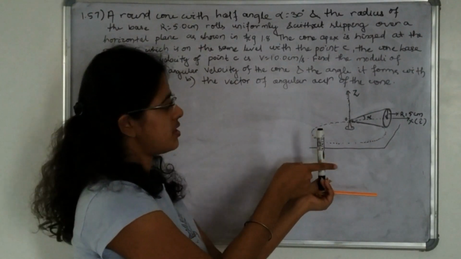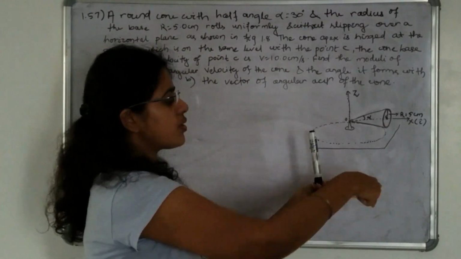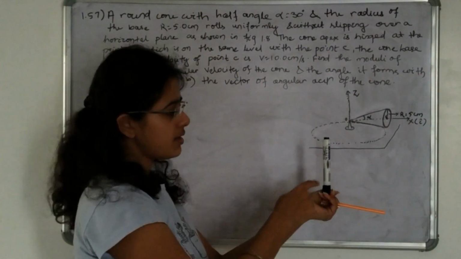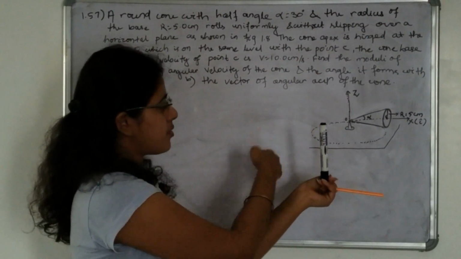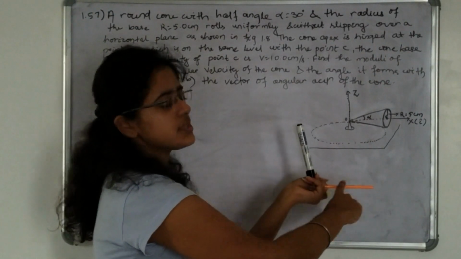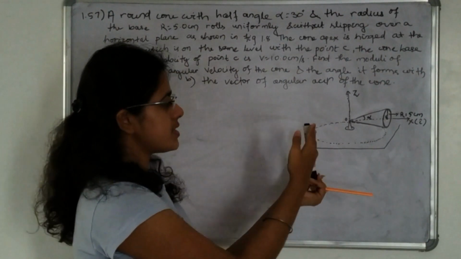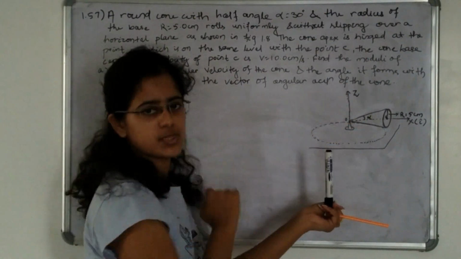The cone is moving in the xy plane along the z-axis. Towards the board it is positive y-axis, in this direction it is positive x-axis, and in the vertical direction it is positive z-axis.